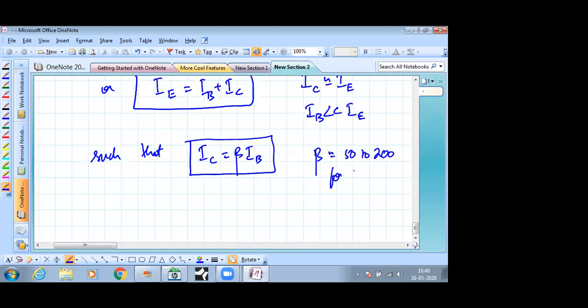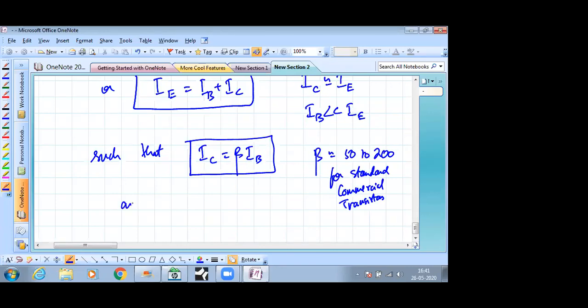for standard commercial transistors. As you can see, base current is a lot lesser compared to emitter current, so also a lot lesser compared to collector current. So base current is basically collector current upon beta, where beta is a very large number, like 50 to 200.